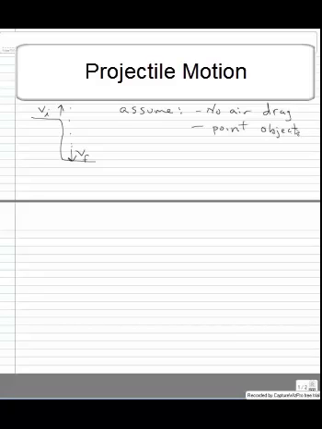Because if objects can have dimension, they can rotate, we don't have the tools to deal with that yet. We will in about 8 weeks.